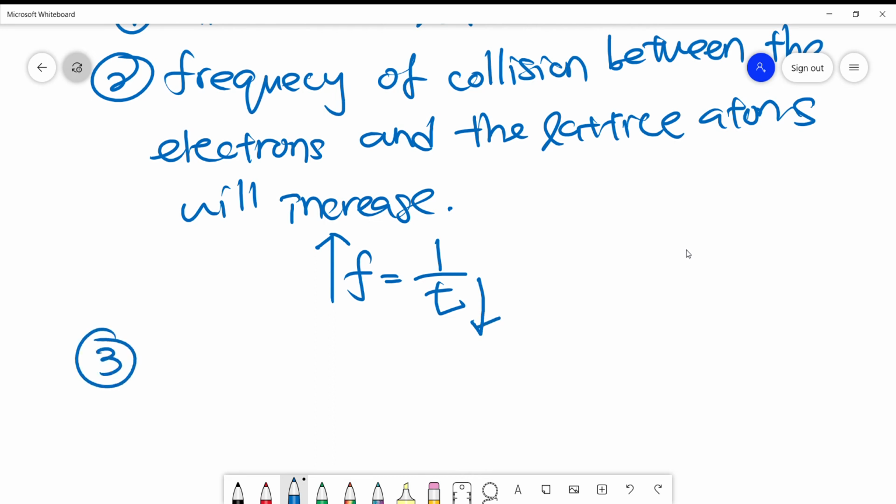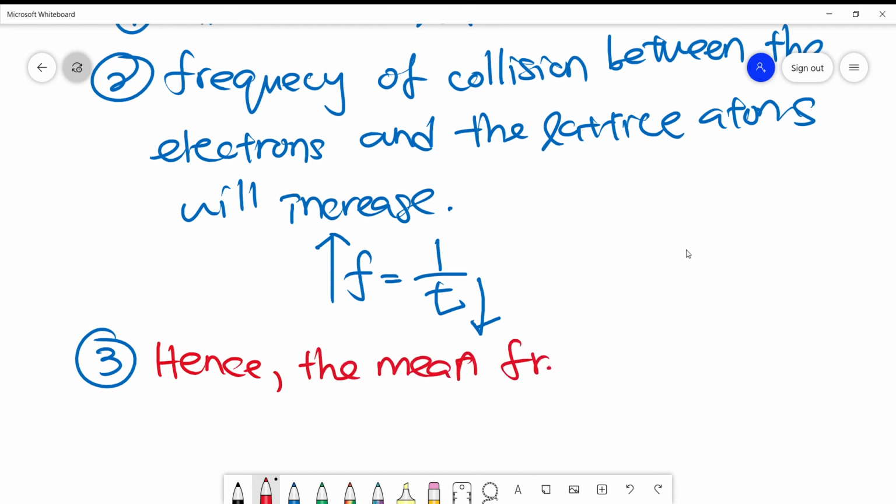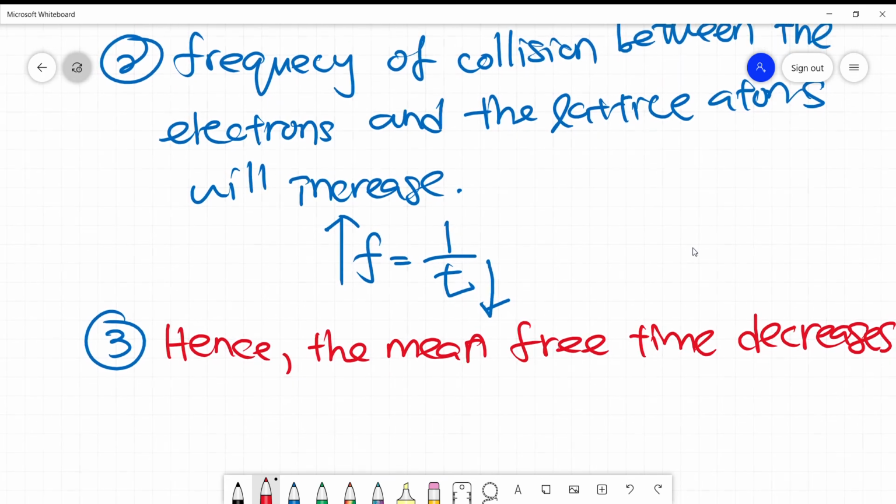So I can conclude that the mean free time decreases. This is the concept: when the temperature of the metal increases, the frequency of collision between the electrons and the lattice atoms will increase. Hence, the mean free time will decrease.